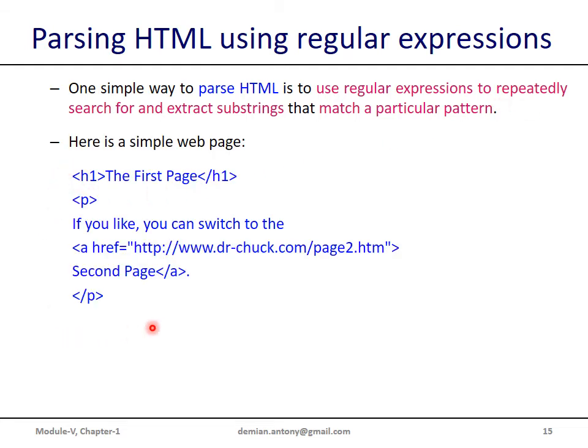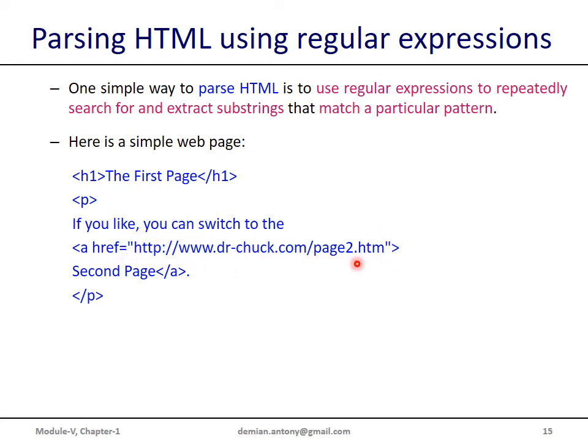Let us consider a simple web page as an example, and say we want to extract a link like this: http www and so on. How do we extract such links from a web page?